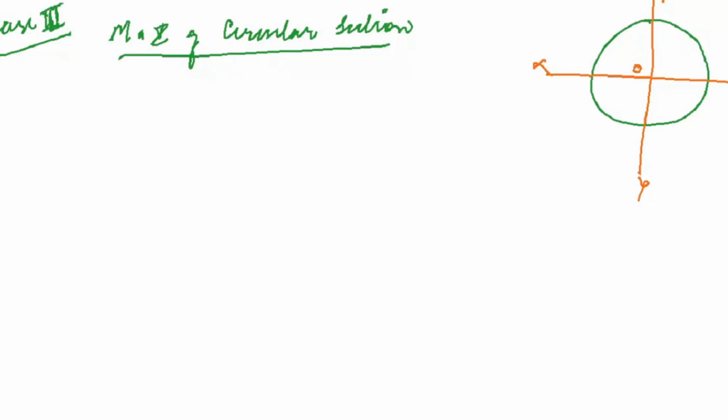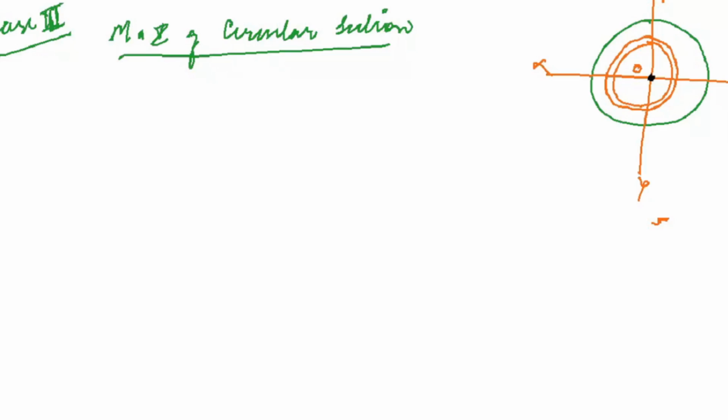Now what we do, we consider any elemental area. How can we consider the elemental area? It has to be a ring, right? The elemental area will have to be a ring in this case, which will be having some distance from the center of gravity, which is point O.